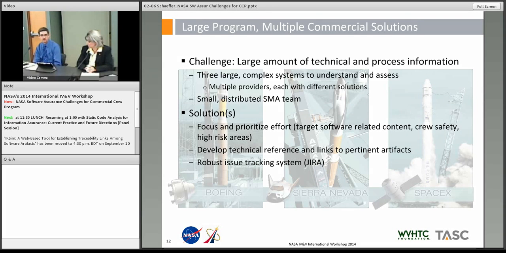Just to give you a feel for the size, I led the hazard analysis review effort. We reviewed 115 unique hazard reports, and this was a subset of the total number of hazard reports, and these were delivered multiple times. We were involved with several milestones through the CC-ICAP phase, as well as twice through CPC. So a large number of artifacts just from the hazard perspective, and compound that with the alternate standards.